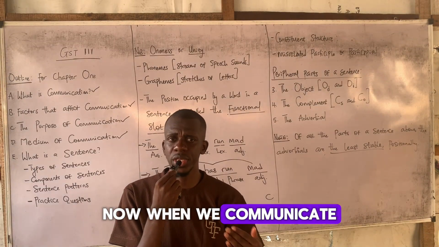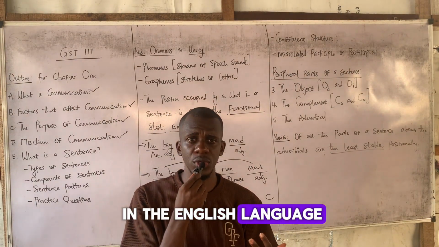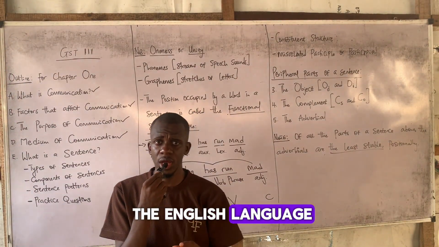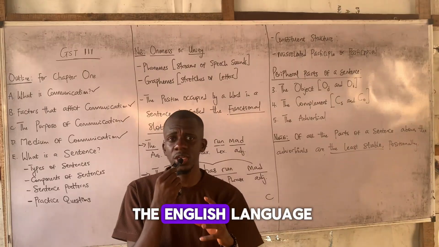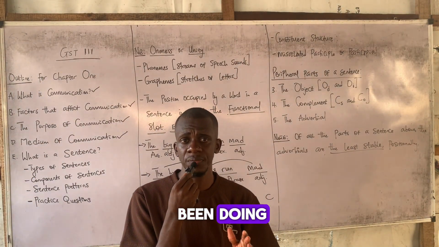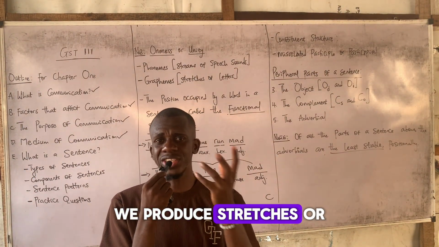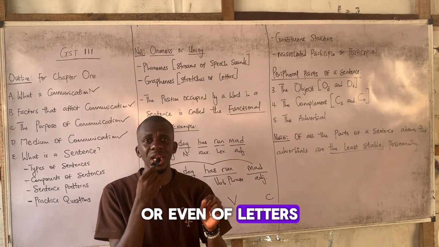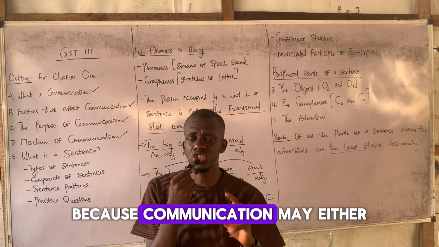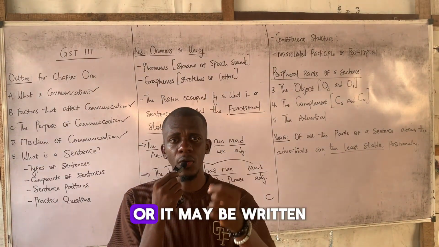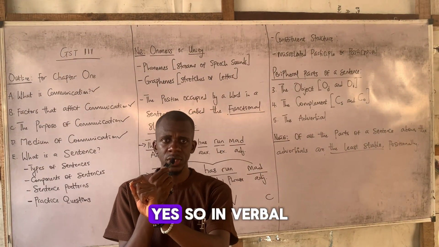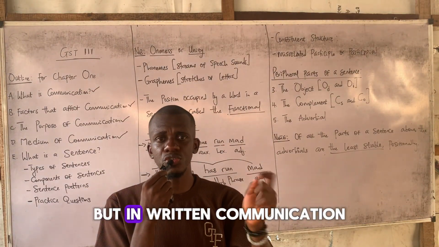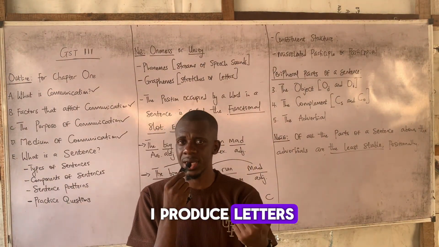Now, when we communicate in the English language or in any language, but like I said earlier, the focus here is the English language. When we communicate in the English language, just like I have been doing, we produce stretches or streams of speech sounds, or even of letters, because communication may either be verbal or it may be written. So in verbal communication, I produce speech sounds, but in written communication, I produce letters.